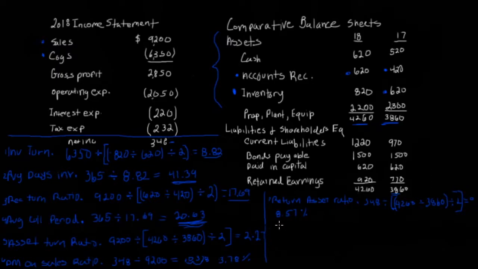Okay guys, we'll move on to the equity multiplier. The equity multiplier, EQ MULT multiplier, save a little space. The equity multiplier, you are going to need these two values, the 4,260, and you're going to compare that to 3,860 from year 2017.